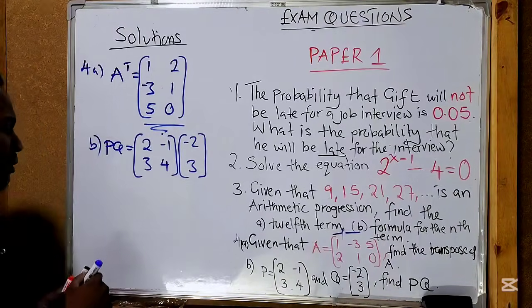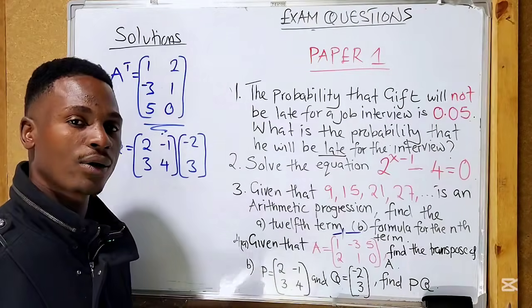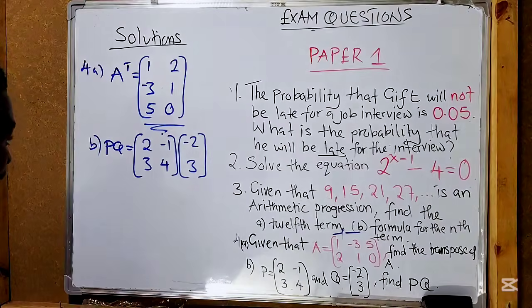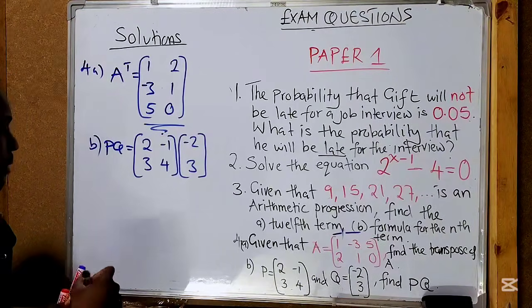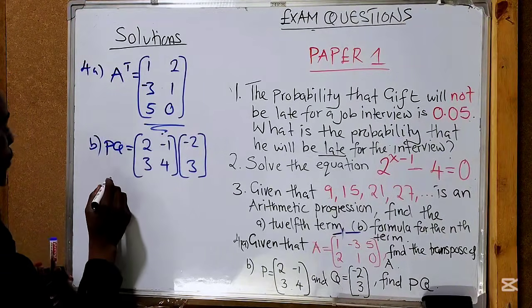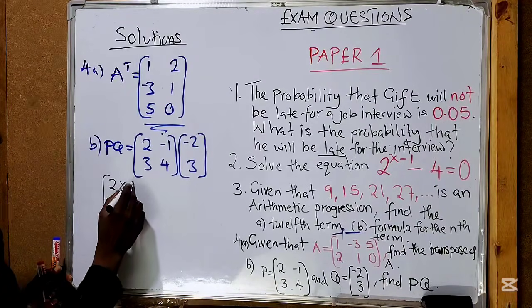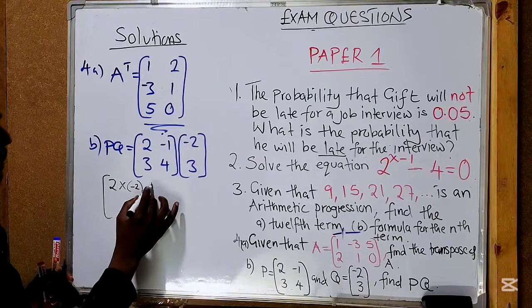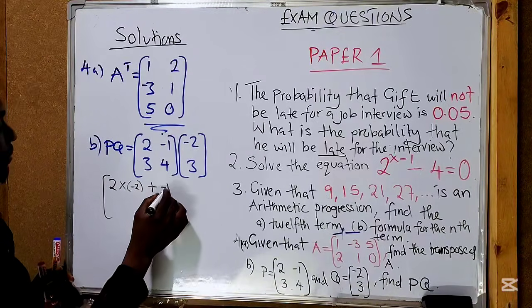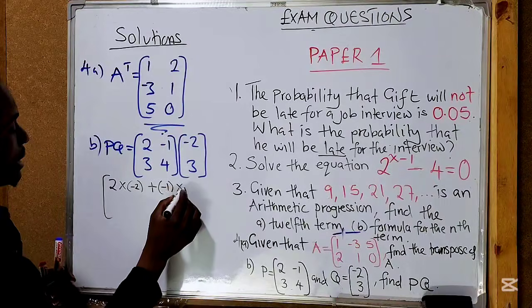All right, now, here's the thing. The first thing is we multiply row by column. That's how you multiply. So this will be 2 times -2, plus -1 times 3.